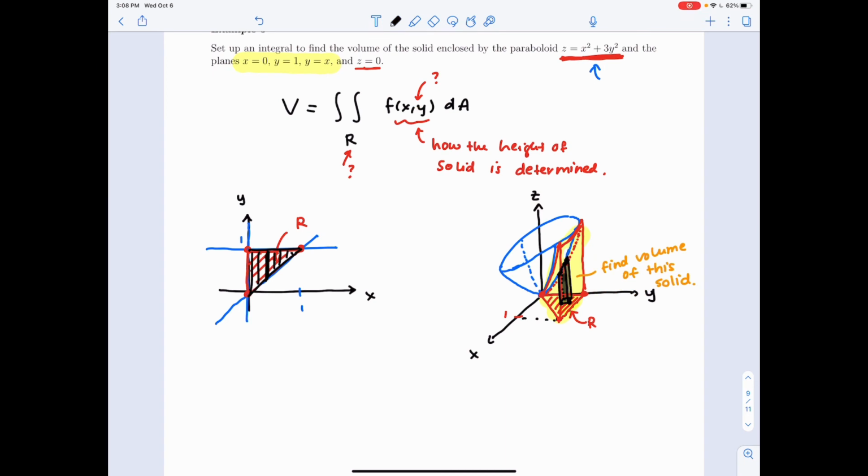So what I've added to my graph right here is just an example. This is like a sample. It's kind of like the 3D analog of a strip that you draw when you're integrating a region.